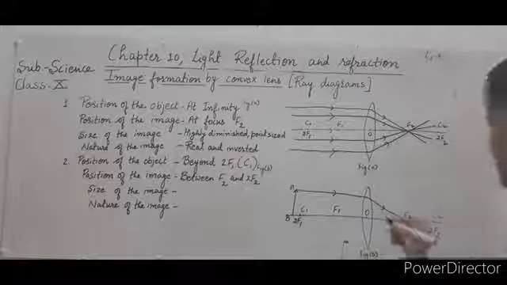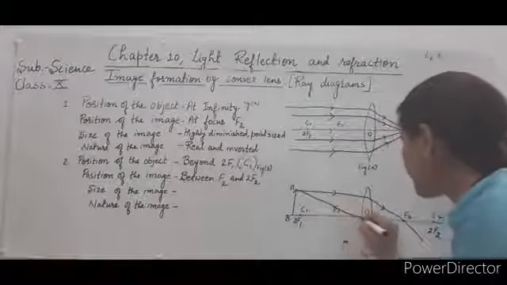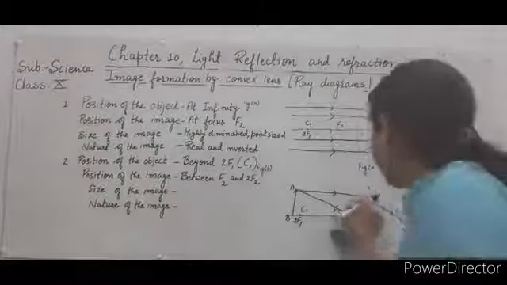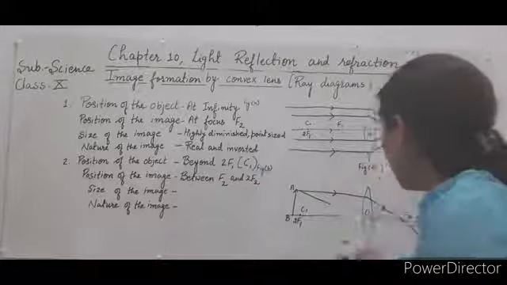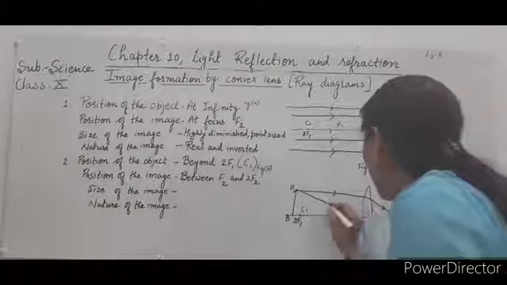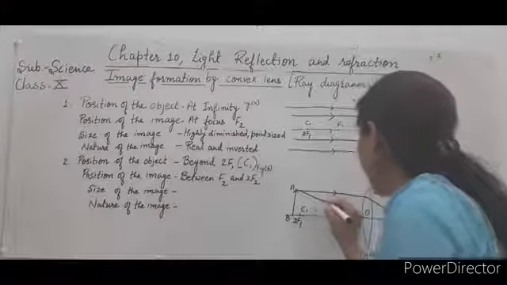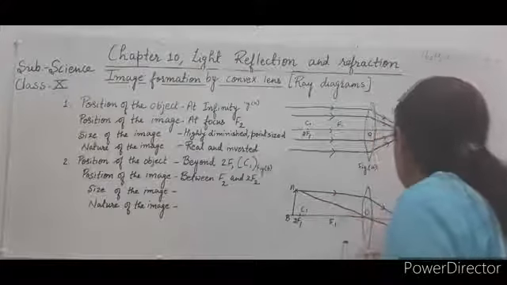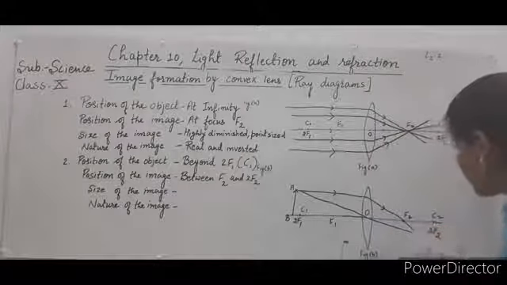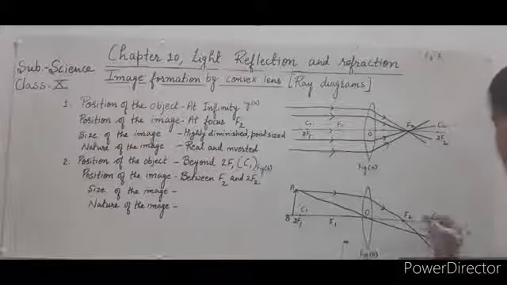Second, I am taking this ray which is passing through the optical center. If a ray passes through the optical center, then it passes without any deviation. This is the third rule.